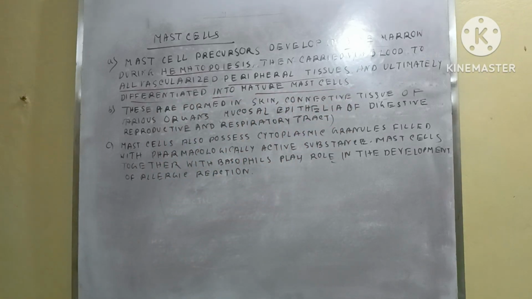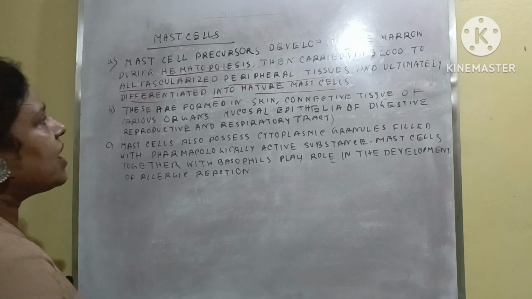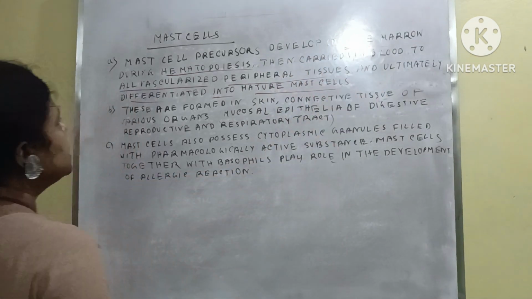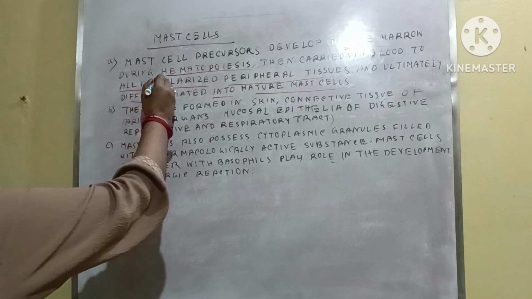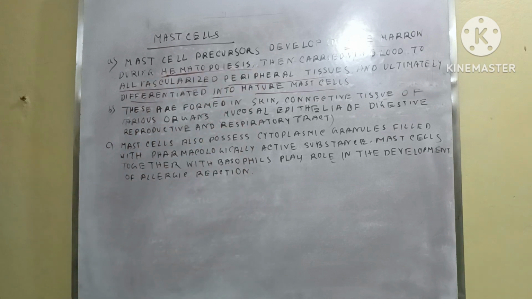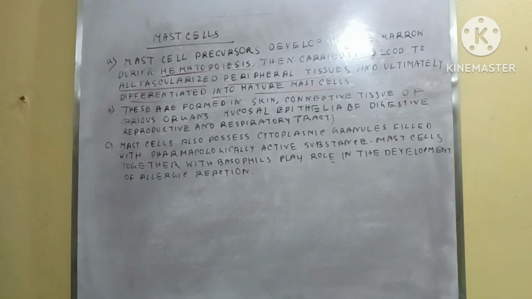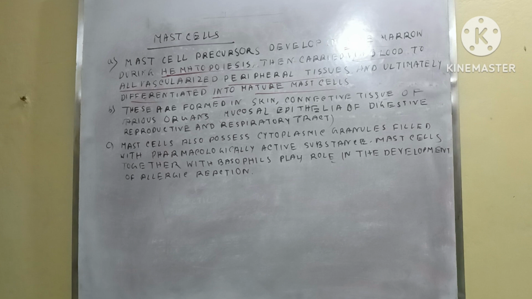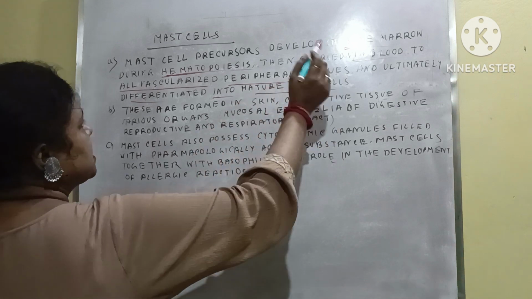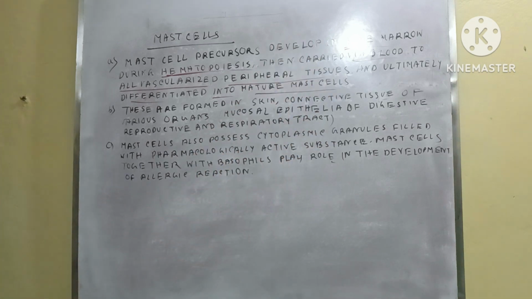So where do they generally form? They are formed in the bone marrow, during the hematopoiesis process, and from there they are released and carried via blood to the vascularized peripheral tissues, and here they become mature mast cells.